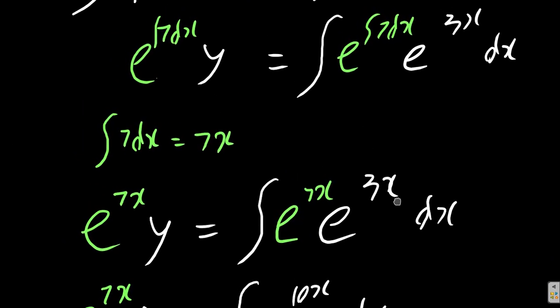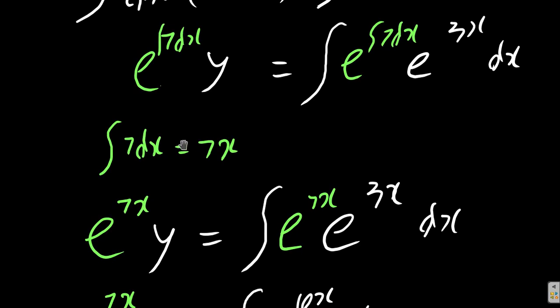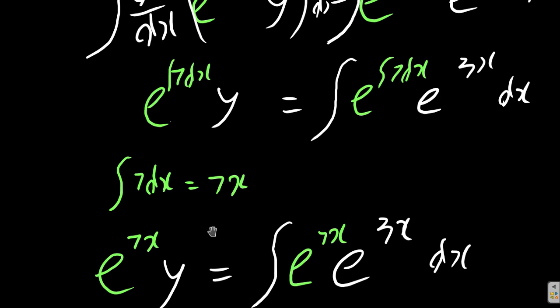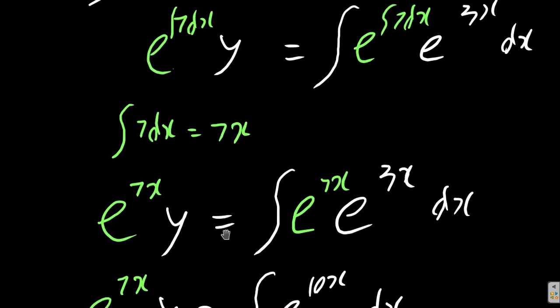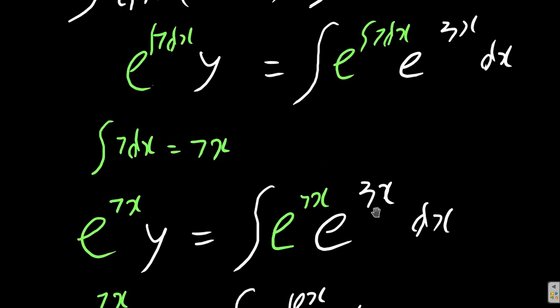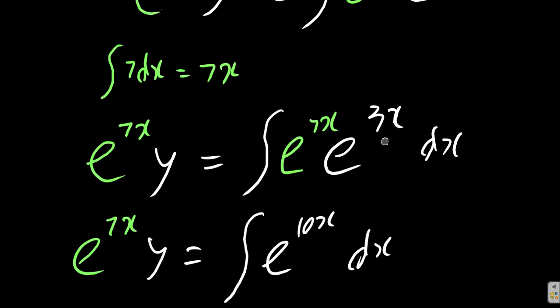So we know that the integral of 7 dx is 7x. So we replace the integral of 7 dx by 7x. So it's e to the 7x y equal the integral of e to the 7x e to the 3x.